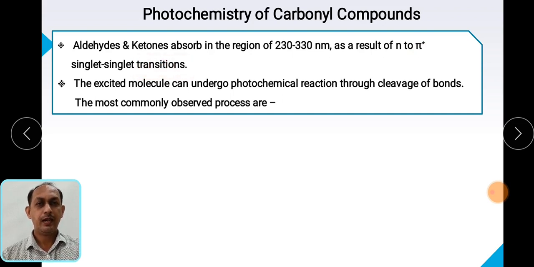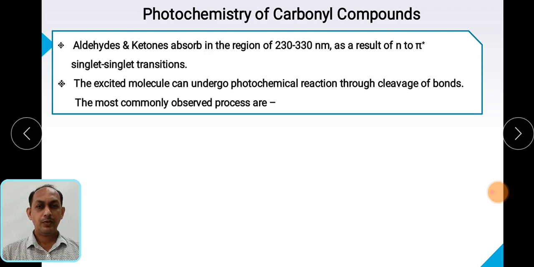And as we know that due to the irradiation of photochemical light, the molecules get excited and they undergo the photochemical reactions. And due to these photochemical reactions, there occurs the cleavage of the bonds.